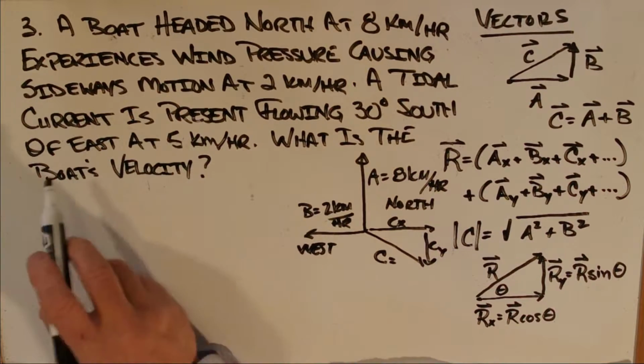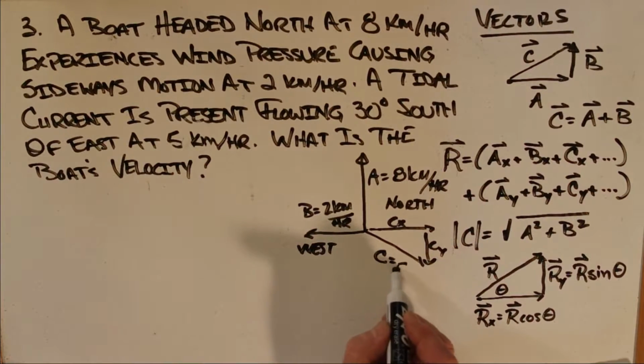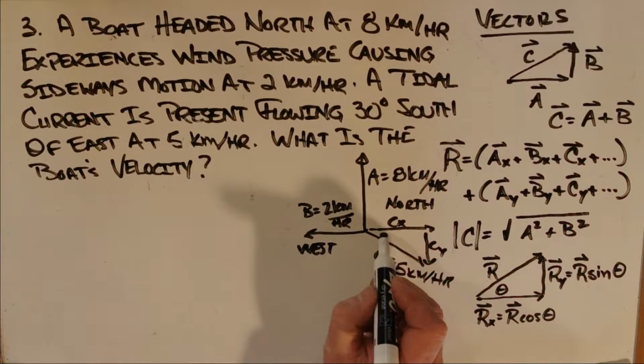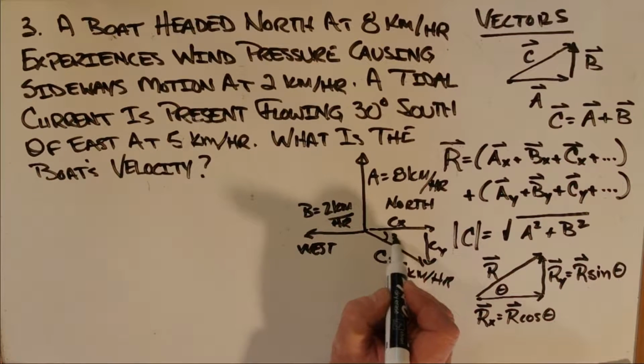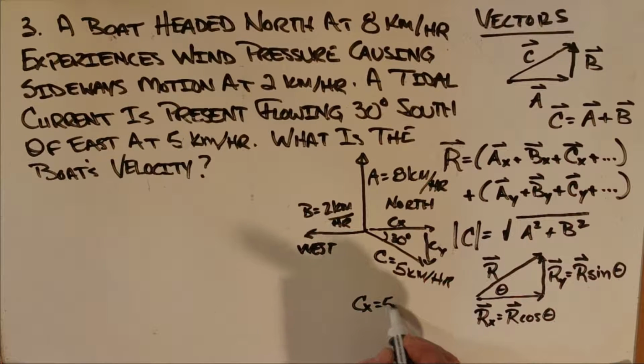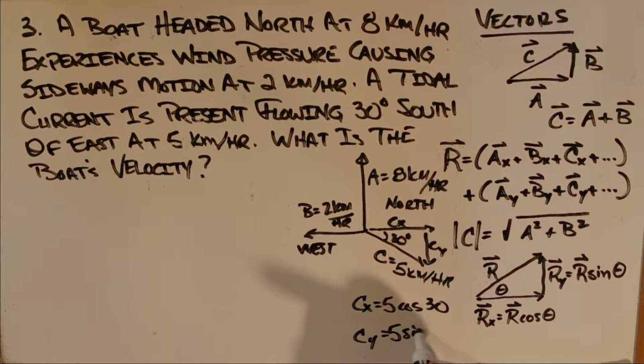So C in the x direction will be, filling in the C, 5 kilometers per hour, and the theta, of course, 30 degrees. So C in the x direction will be 5 times cosine of 30, and C in the y direction will be 5 times the sine of 30.